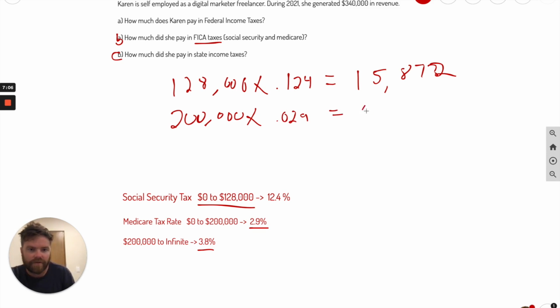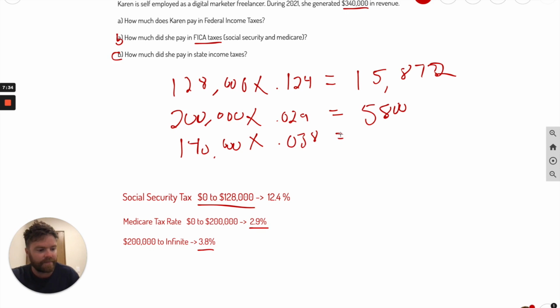There we go, 5,800 for the first bracket. Now, there was an amount over 200,000, right? She made 340, so we do 340,000 minus 200, the amount over, which is 140. You multiply that times 3.8%. So that's 0.038. There we go.